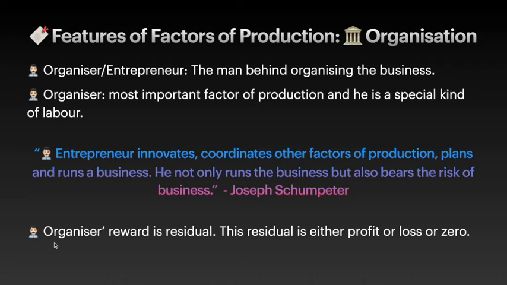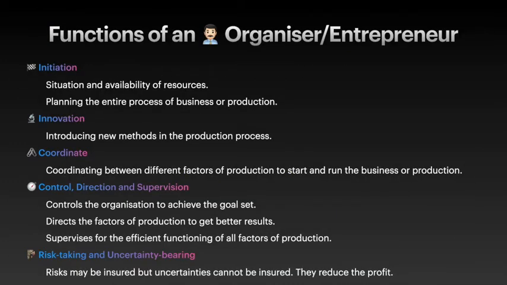Now, moving on to the different functions of an organizer or an entrepreneur. The first one is initiation. An organizer decides the situation and availability of resources, and based on that he plans the entire process of business or production.